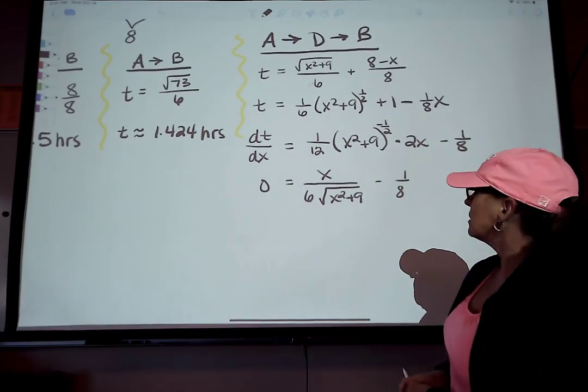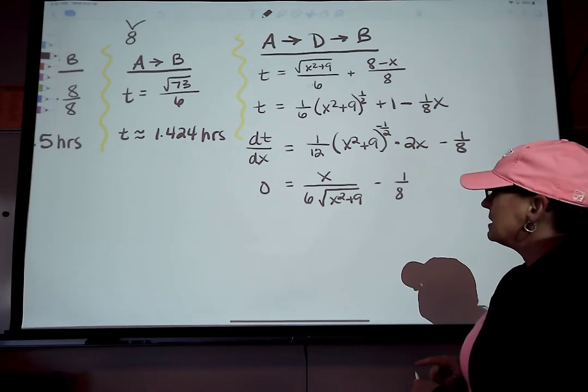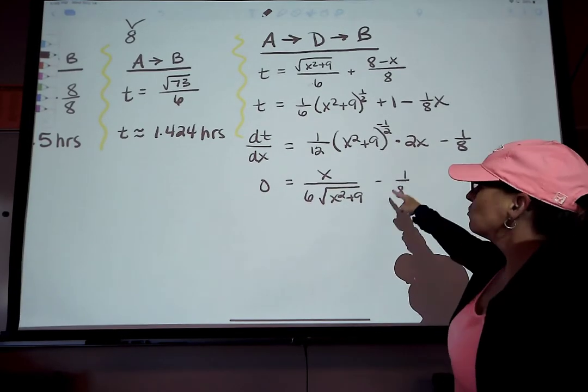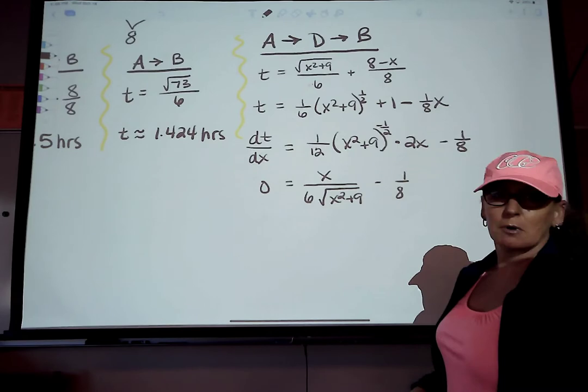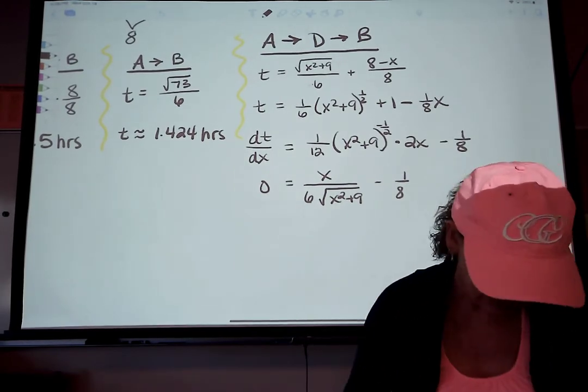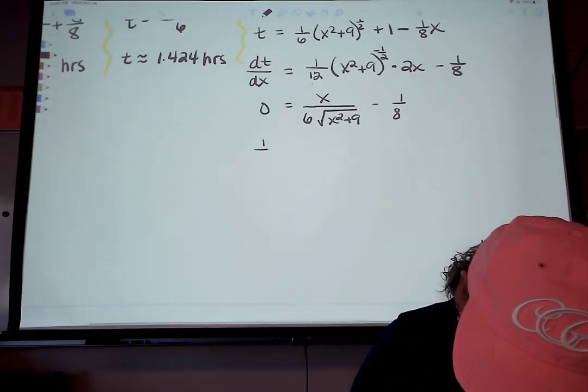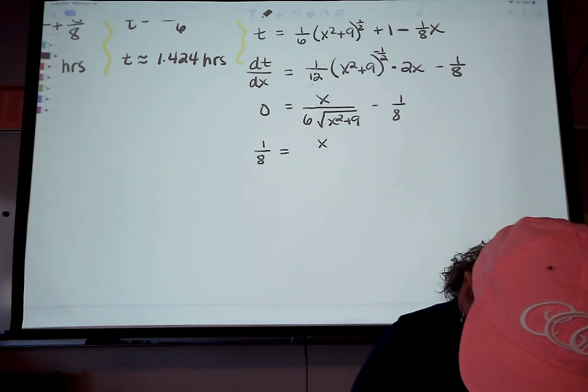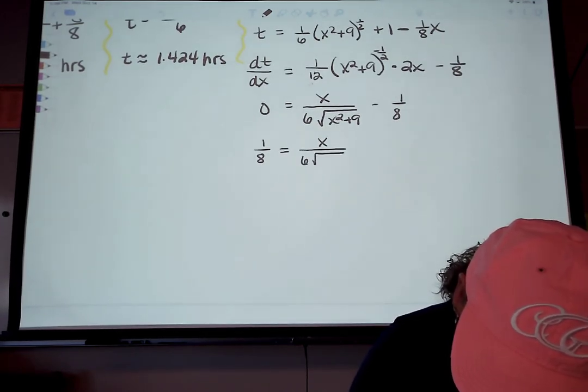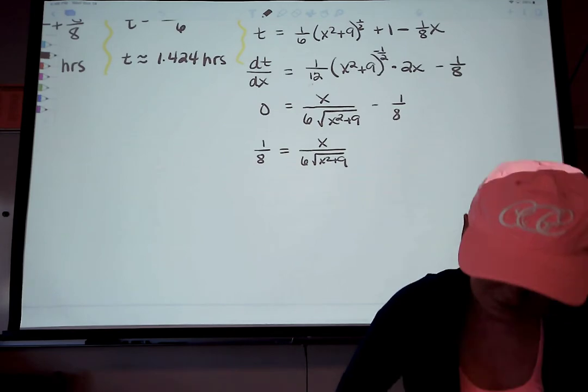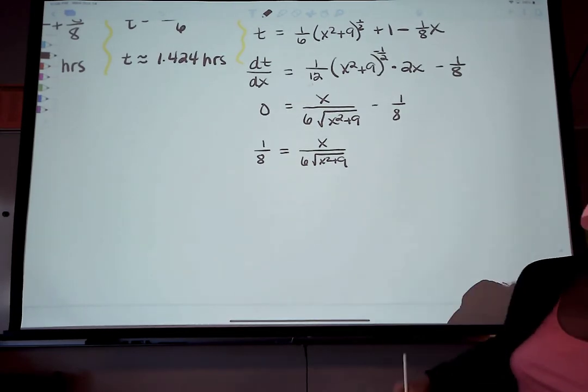All right, so I think what I'm going to do is maybe move the 1/8 over and cross multiply. Does that sound like a good plan? 1/8. Now cross multiply.